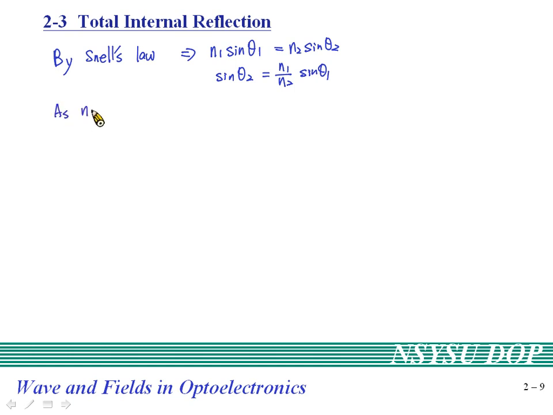As n1 is larger than n2, if sin θ1 is larger than n2 over n1, then by taking this condition into Snell's law, we will have sin θ2 larger than 1. And we know that for this situation, we cannot find a real solution for θ2.